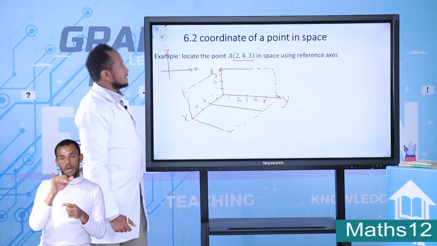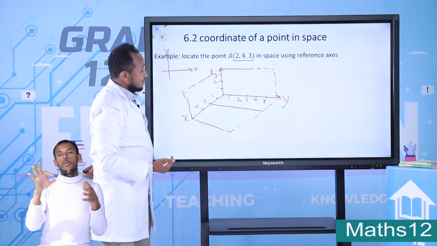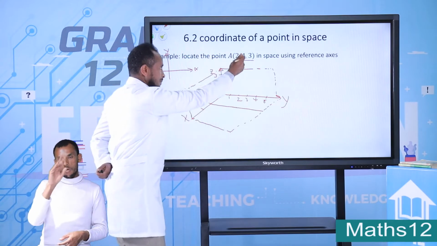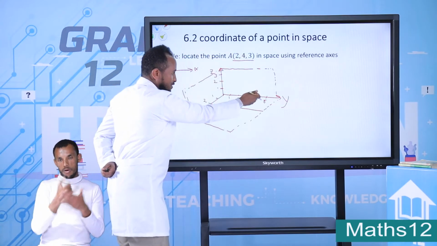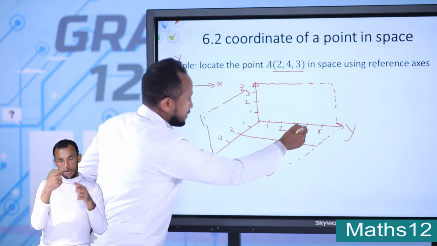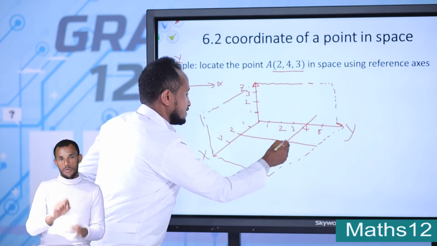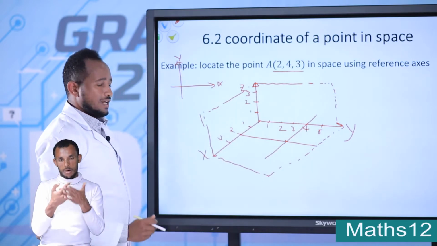And next, the y coordinate is 4. Draw a line passing through 4 parallel to the x-axis. So you will have the intersection here.